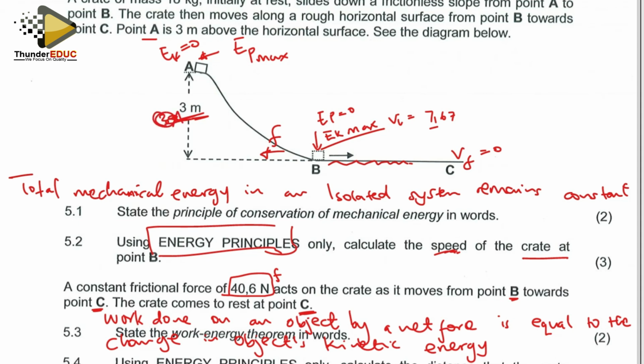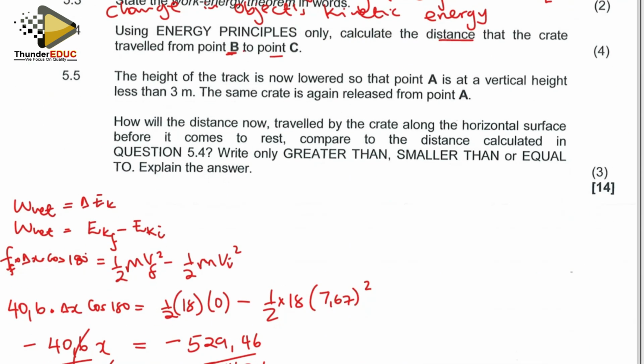Okay, point B. Then same crate again is released from point A. How will the distance now traveled by the crate along the horizontal surface before it comes to rest compare to the distance that is calculated in 5 meters? Right, only greater, smaller, or equal to?